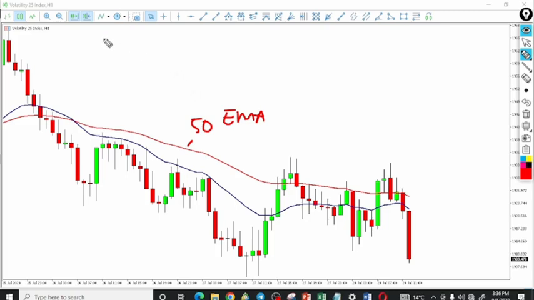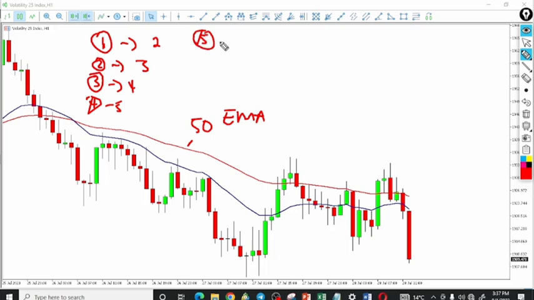So let's say the first candle closes at $2, right? The second candle closes at $3, the third candle closes at $4, and then the fourth candle closes at $5. So if let's say the fifth candle closes here at $6, so we'll be adding 2 plus 3 is 5, plus 4 is 9, plus 5 we have 14, plus 6 we have 20, right?